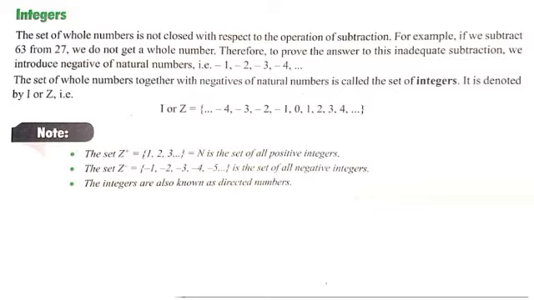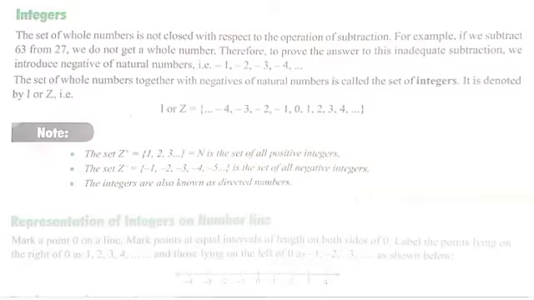That is, I or Z is equal to ..., -4, -3, -2, -1, 0, 1, 2, 3, and so on, going on the left side as well. Here, -1, being the negative of a natural number, doesn't mean that negative numbers are natural numbers.